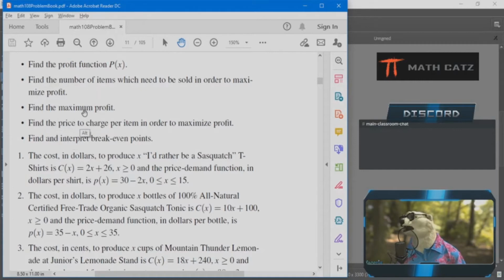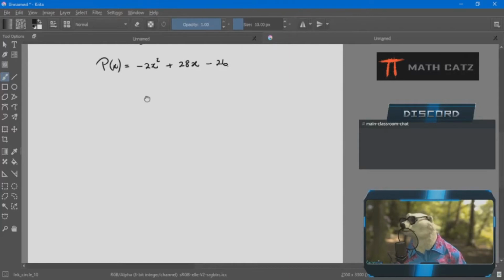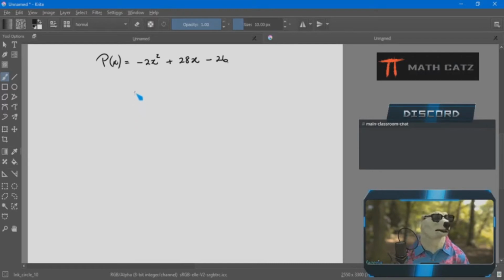Then I find the maximum profit, find the price that goes with that maximum profit, and we'll do the rest in a second. Okay, so now I want to forget temporarily where this comes from. There, it's gone. And I just want to analyze the properties of this quadratic function.